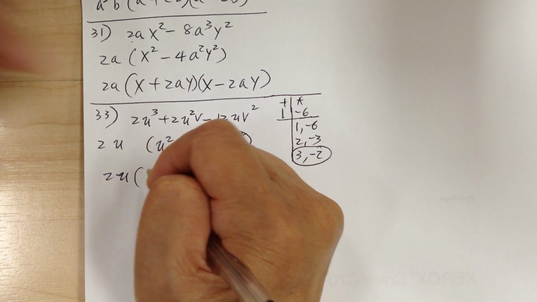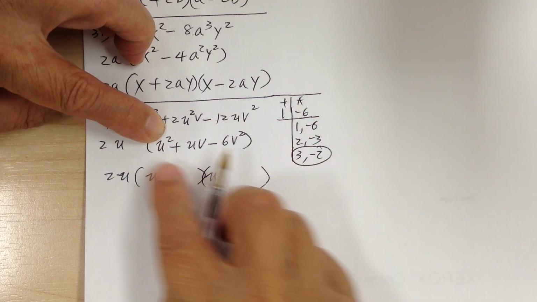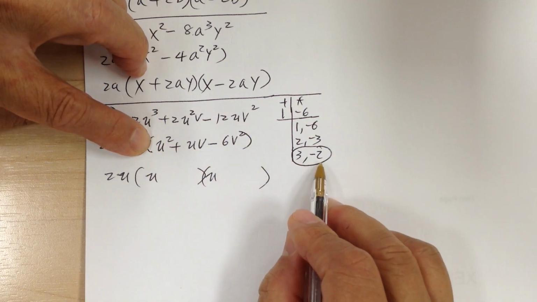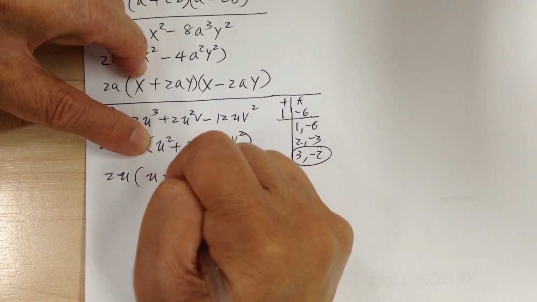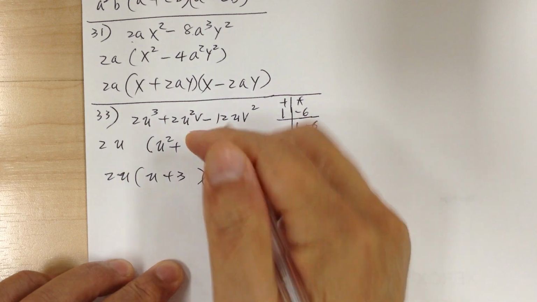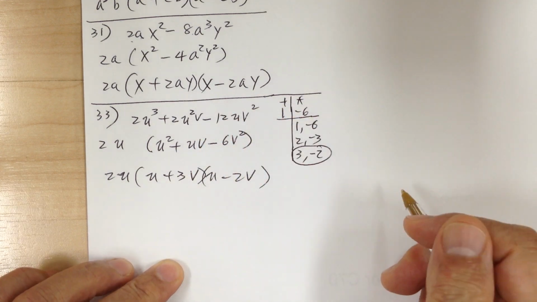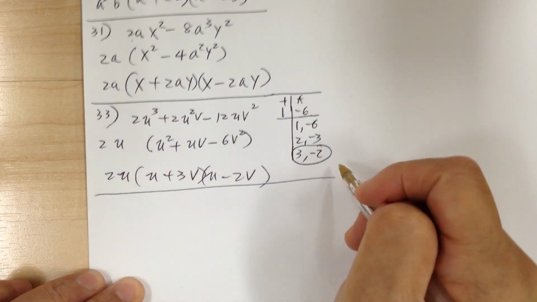Let's undo the first term: u times u gives you u squared. Since there's no number here, whatever you get is whatever you get, so it'd be plus 3 minus 2. But there's a v in the back, so to get v squared, you need v times v. And that's it.